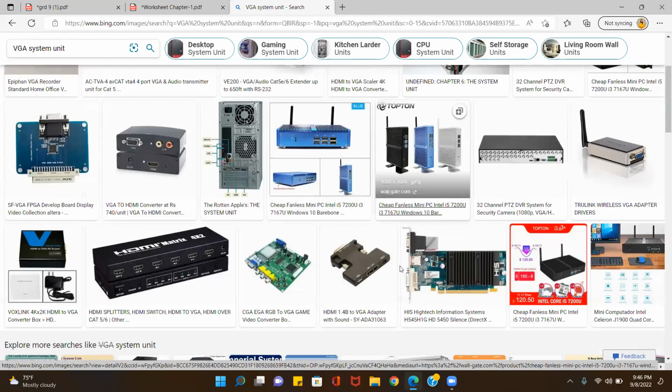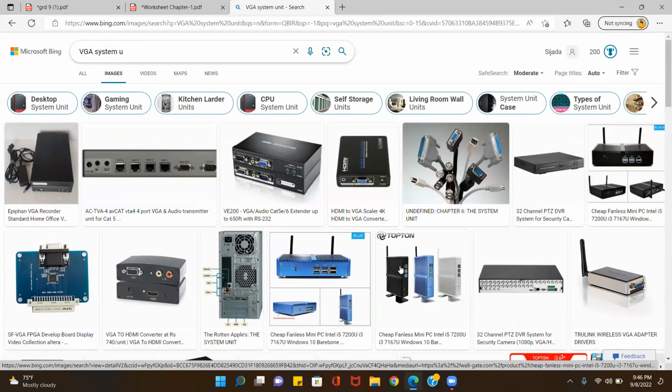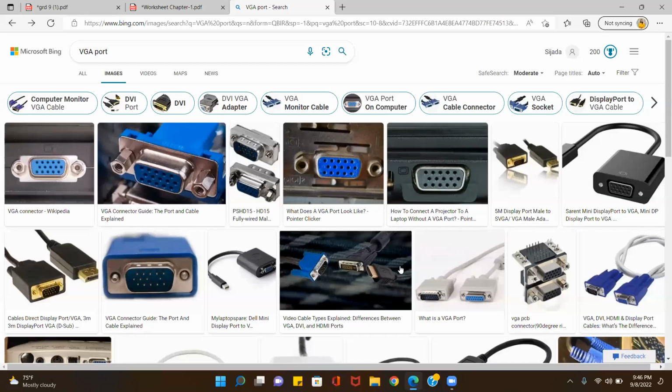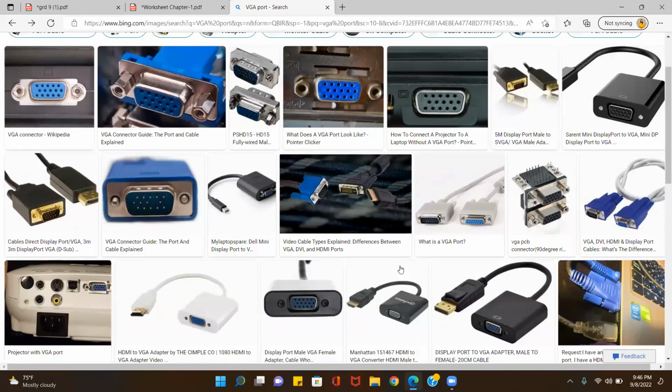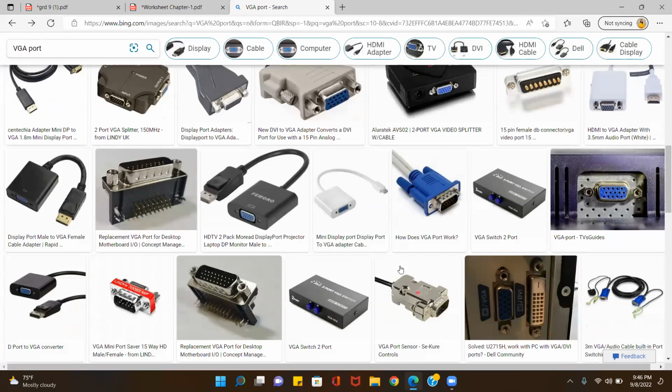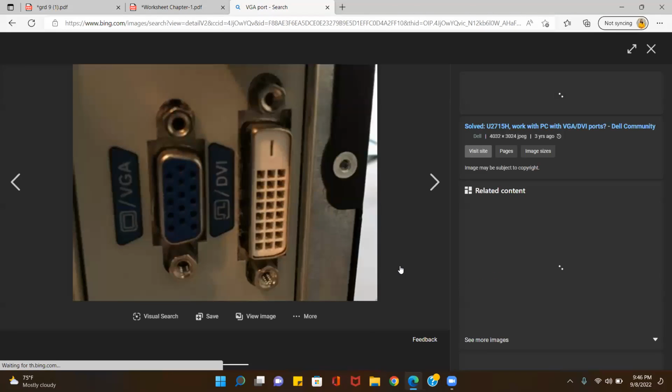If you're using a computer at home, you might have come across something like this. These are called monitor ports.